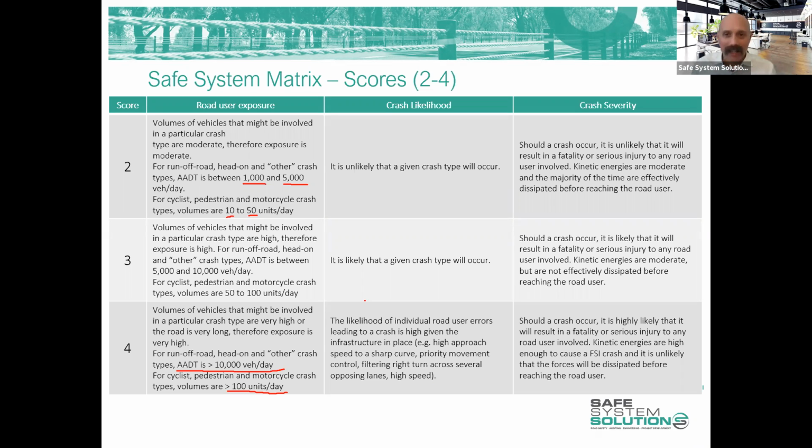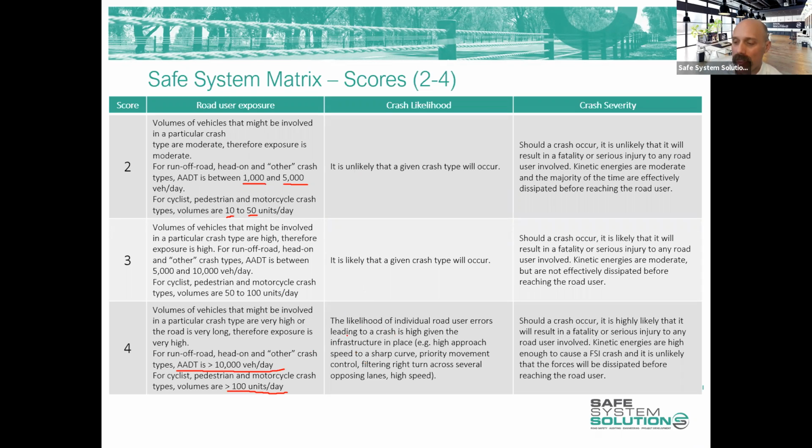Is it really unlikely? But you need to remember that this is a relative score. Because the fact is that what we deal with in road trauma, when you talk about an individual, it is a very rare event to have a crash. But at a collective level, there's quite a lot of it in each region, if that makes sense. But what we need to do is think of this at a relative level, relative to other areas of the network.